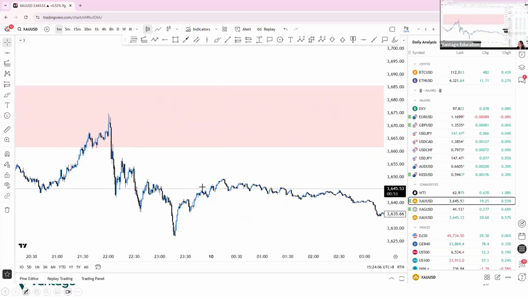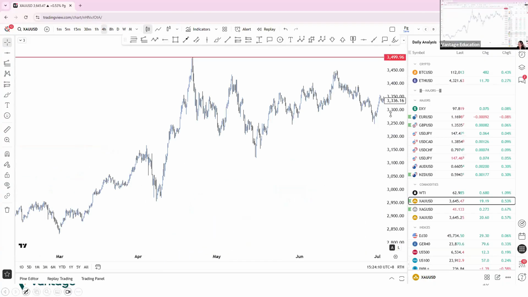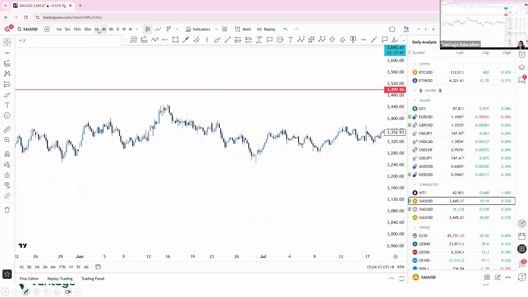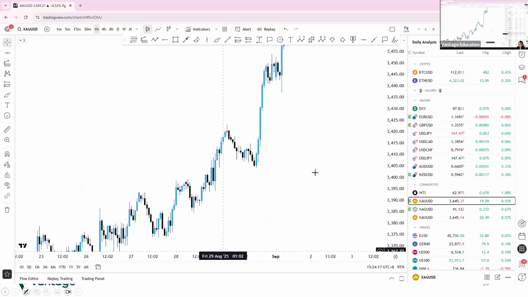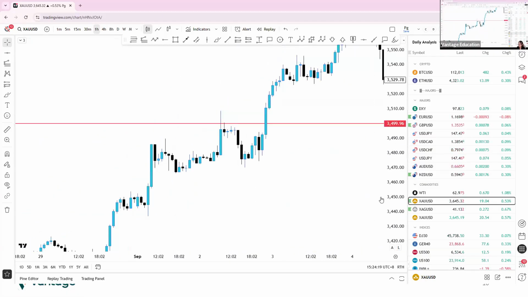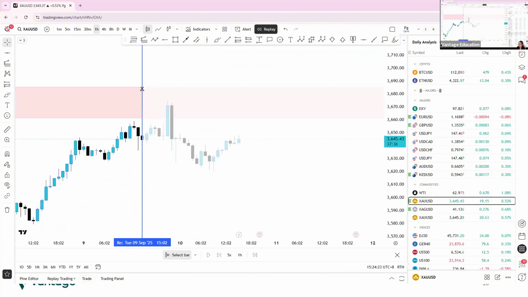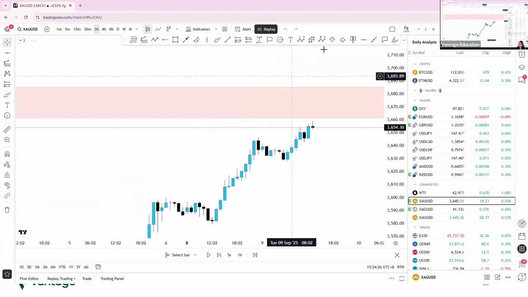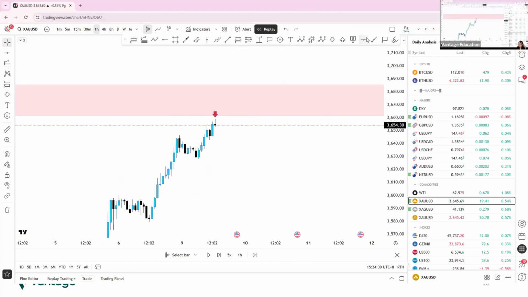Okay, continue. So another one, I will show you the price action yesterday. Okay, yesterday on the H1 time frame you sell. You will see the price action here. This is yesterday, I caught a sell here. Price went all the way here.